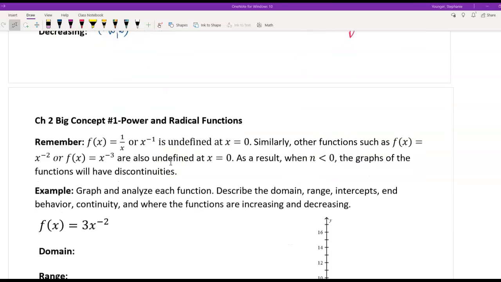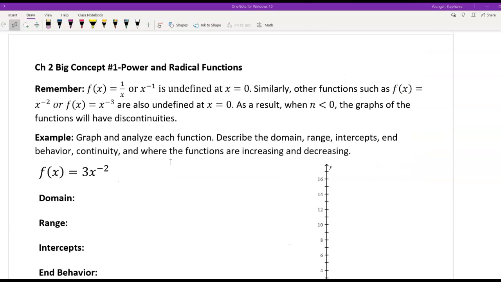All right, going on. So now we're going to actually talk a little bit more about the reciprocal functions. So one thing to remember is f of x equals 1 over x or x to the negative first mean the same thing. And they are both undefined at x equals 0. And that is because we cannot have that 0 in that denominator.